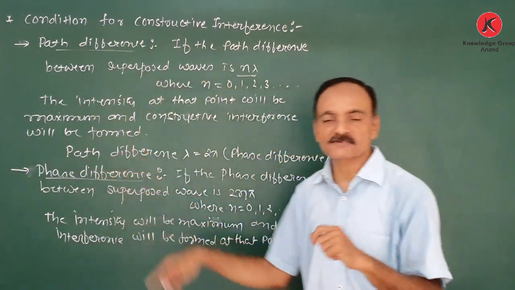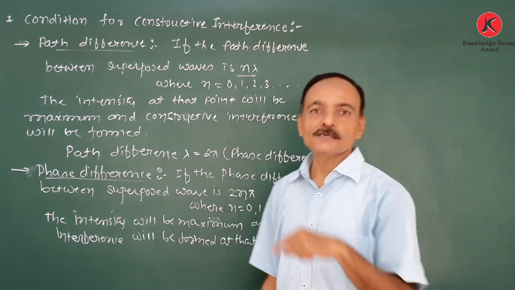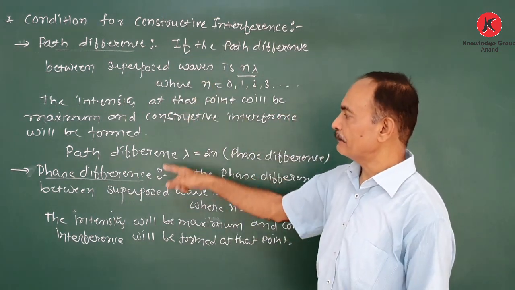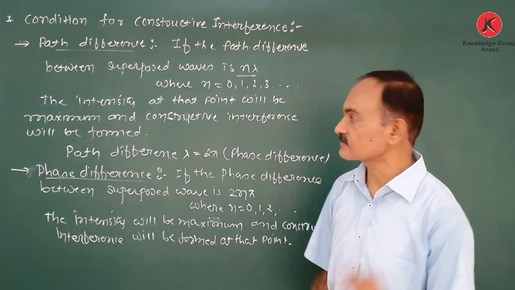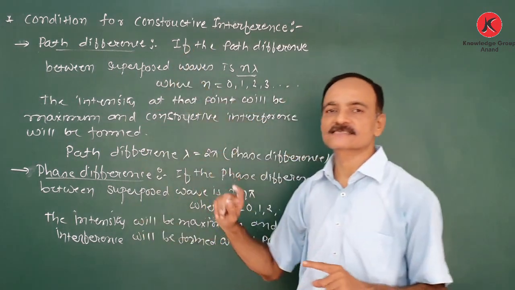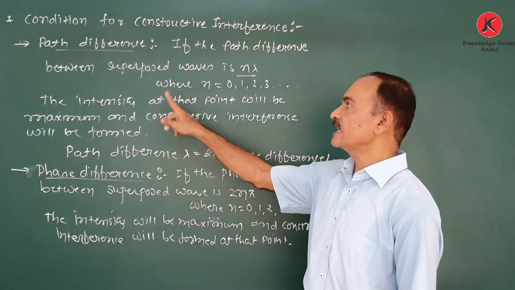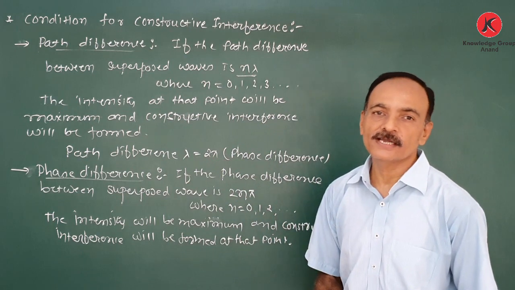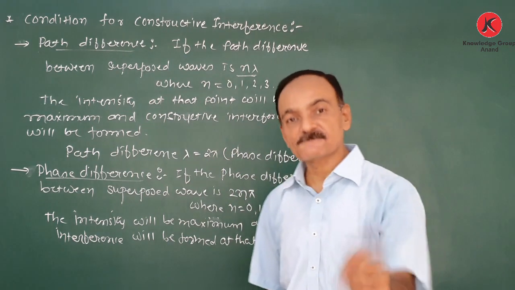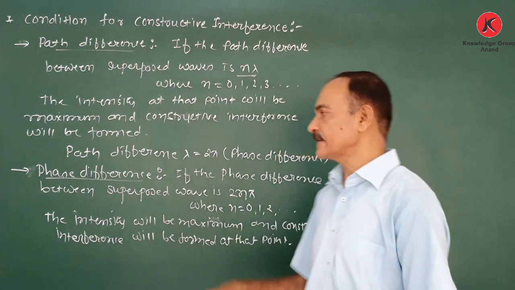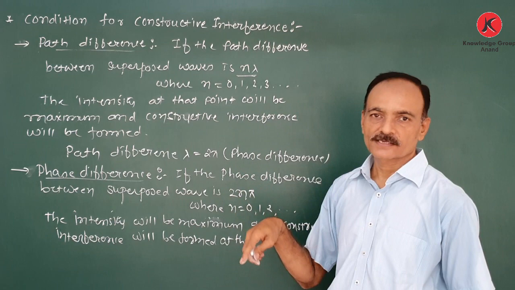Sometimes for a 2 marks question, you only have to write the condition for path difference and phase difference for constructive and destructive interference. Only you have to write this. Clear? If the question asks to explain constructive interference, then you have to write the earlier part with the figure.